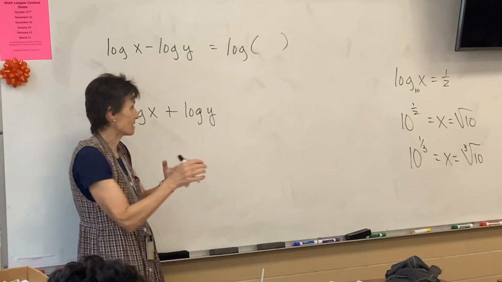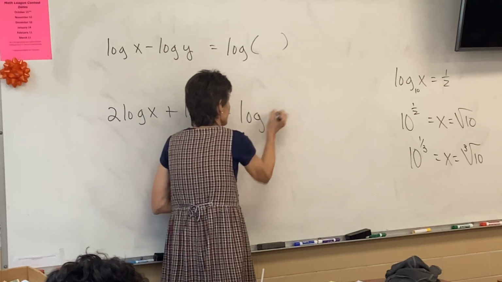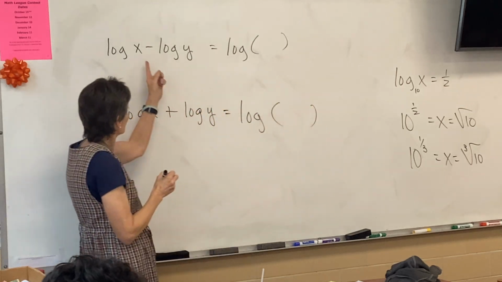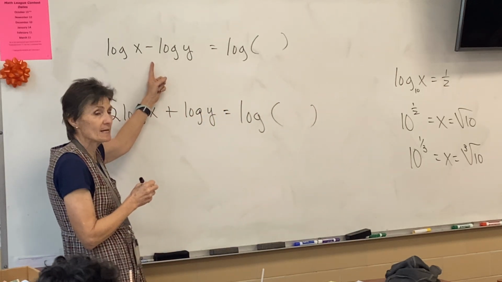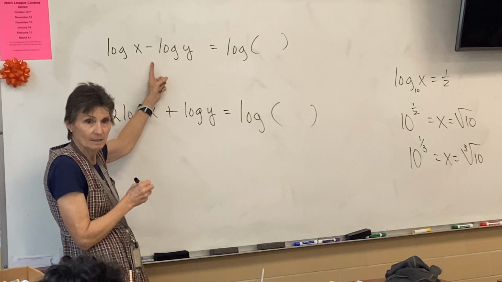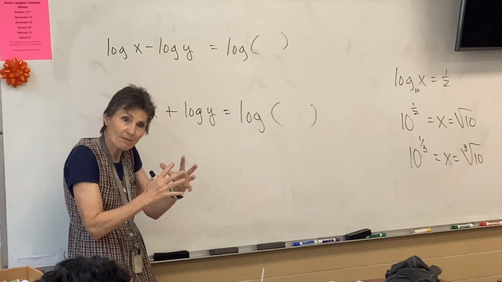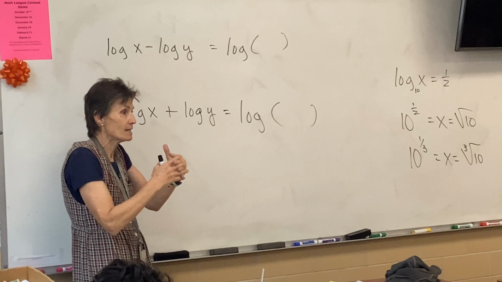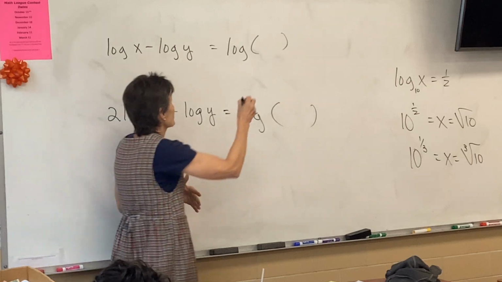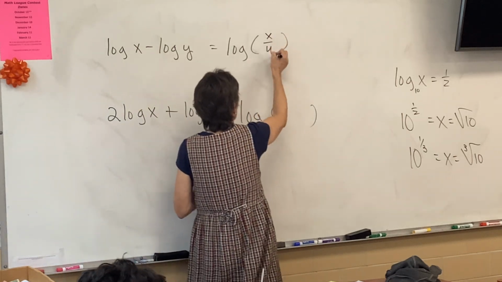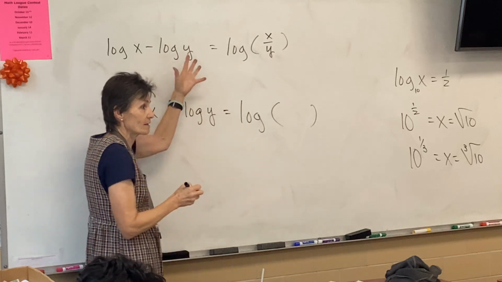So if you log something, this one's gonna be log something. If the logarithms are being subtracted, when you put it together, it goes together as a division. So this would be x over y, and it's first over second, so x over y.